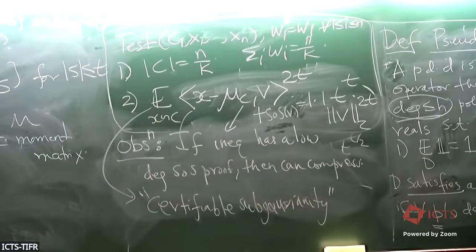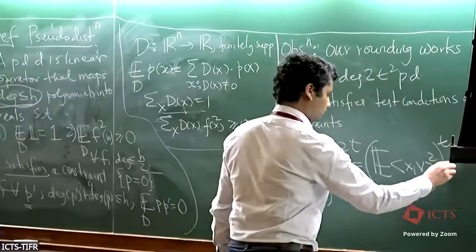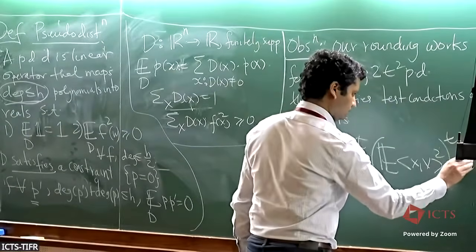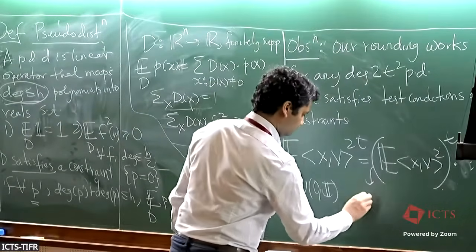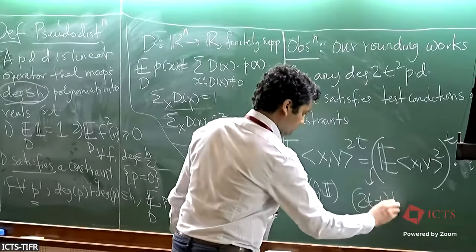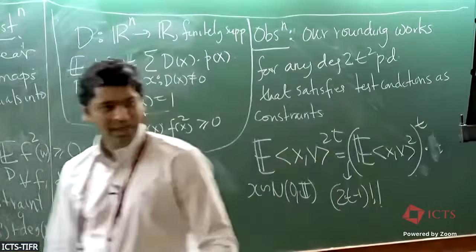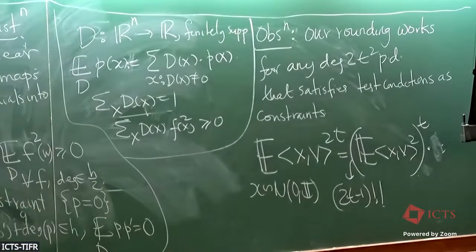If X is a standard Gaussian, then the point I'm trying to make is that the moment inequality we wrote is actually an equality. It's already an identity for Gaussians. So we are done. Right?